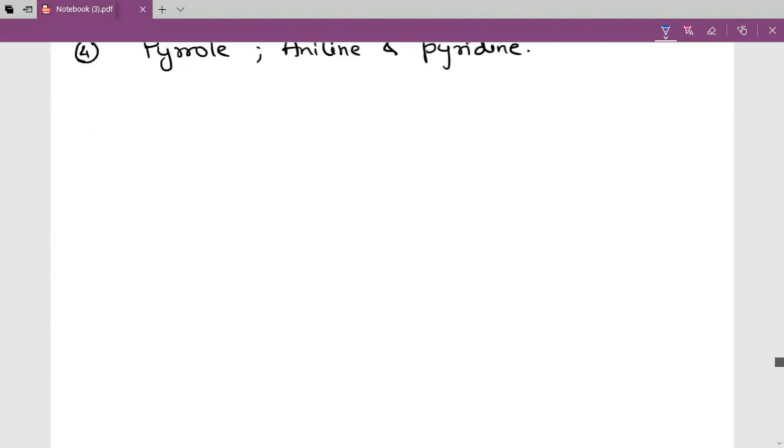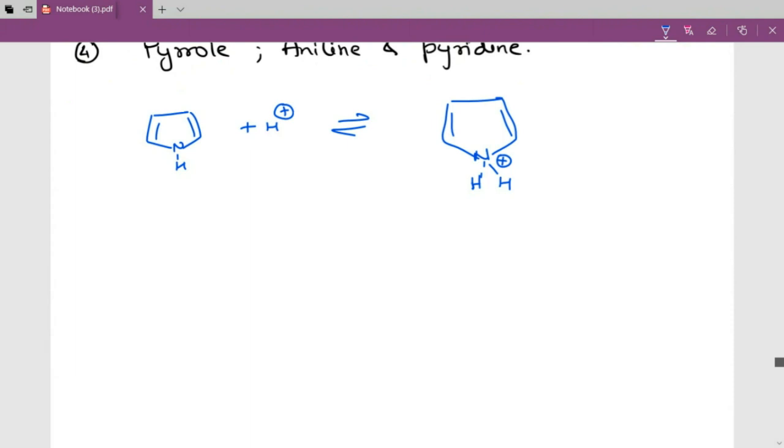Pyrrole, aniline, and pyridine is a very important example. See, pyrrole. If I protonate this lone pair of pyrrole, I will lose the aromaticity of pyrrole totally. Okay?